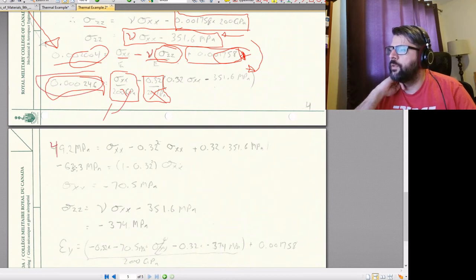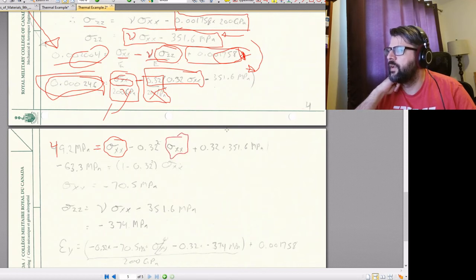So it turned into a 49.2 MPa, and we're left with just our stress in the x direction minus the Poisson's ratio squared times our stress in the x direction, and then plus Poisson's ratio times that 351.6 MPa. So basically the two negative signs that we have here cancel out. That turns into a plus.